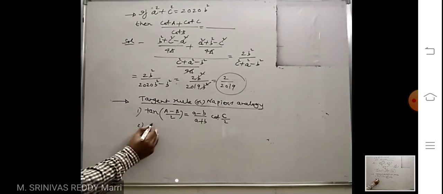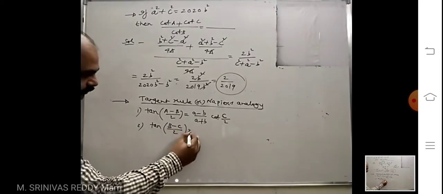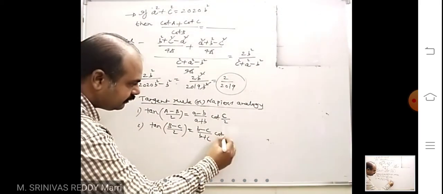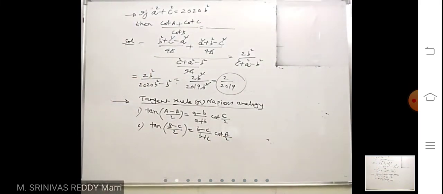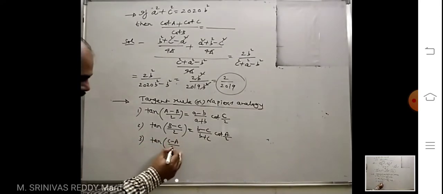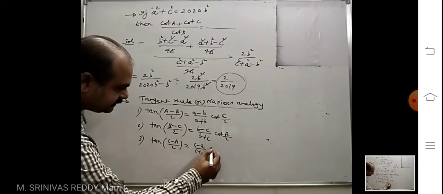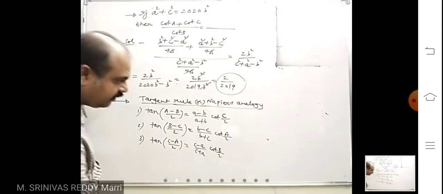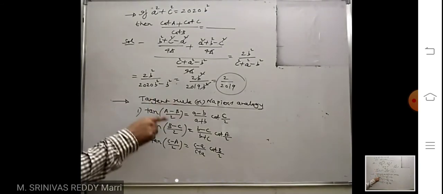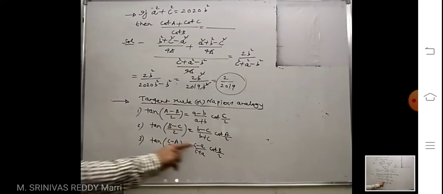And the other rules are: tan of (B minus C) by 2 is nothing but (b minus c) divided by (b plus c) into cot A by 2, and similarly cot B by 2. Whenever angle A minus B is involved, we will use the first one. Whenever angle B minus C is involved, we will use this one. Whenever angle C minus A is involved, we will use this one.